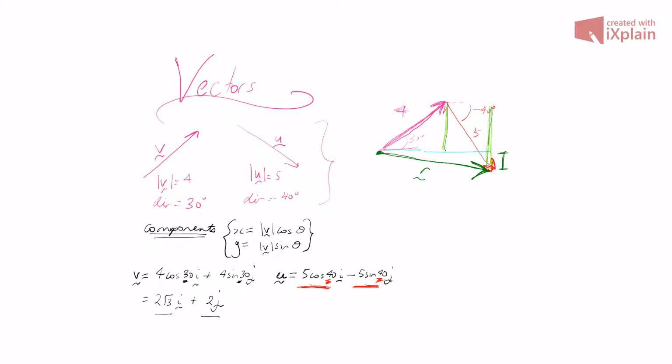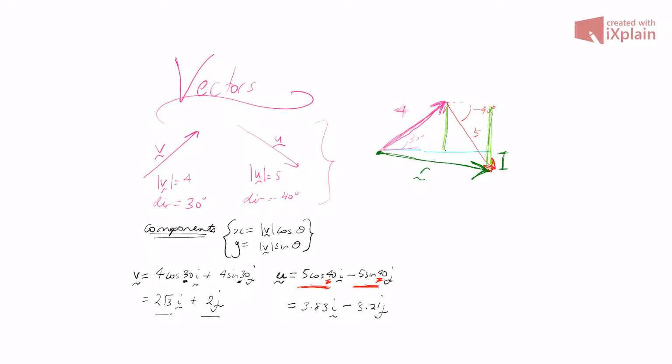So I pop those in my calculator and I get 3.83i minus 3.21j. Now I think to myself, yes, lots of positive x and quite a bit of negative y, so that all makes sense.